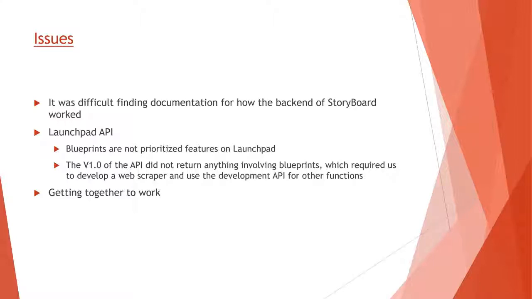The 1.0 stable release of the API, therefore, didn't have much to do with blueprints at all, which required us to build a web scraper to gather the names of all the blueprints, as well as using the less stable development API to make sure the other information gathering functions worked fine. And otherwise, it was a pain to get together and just work on this.